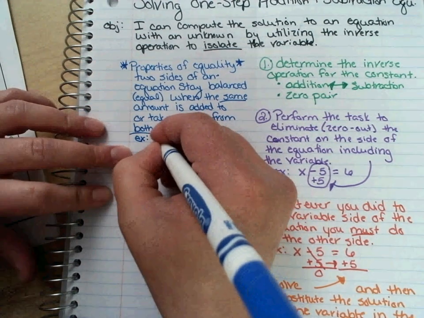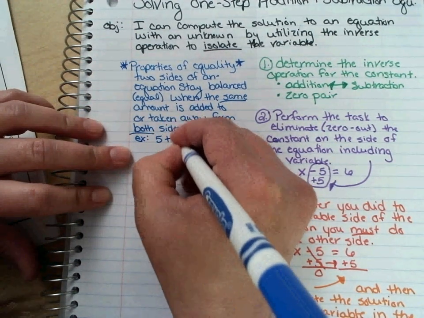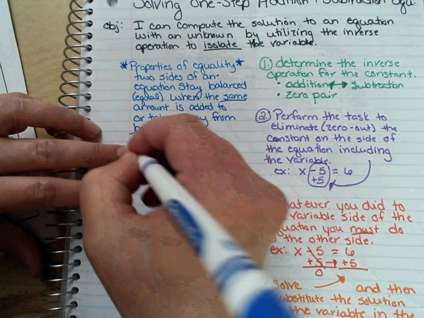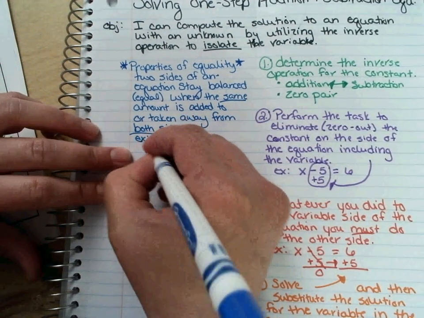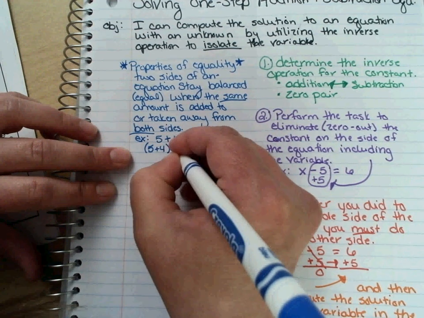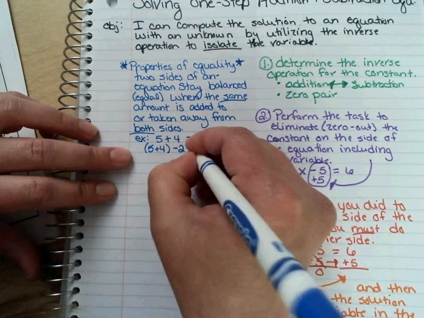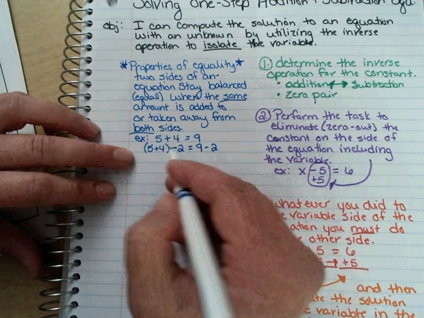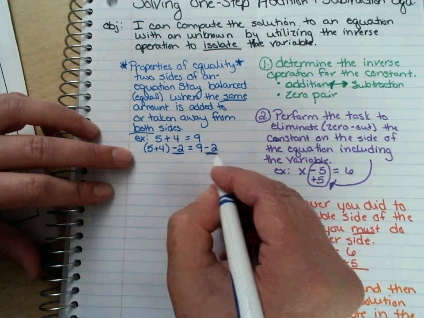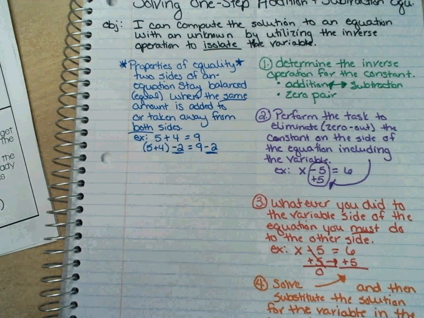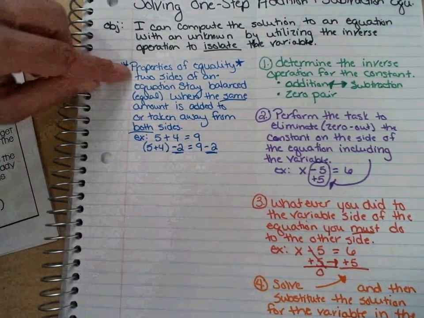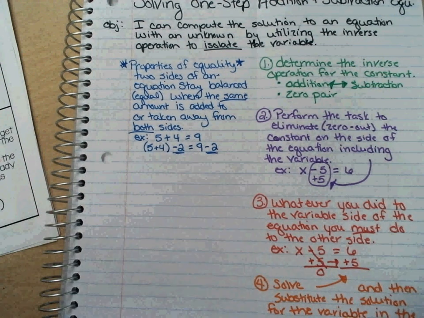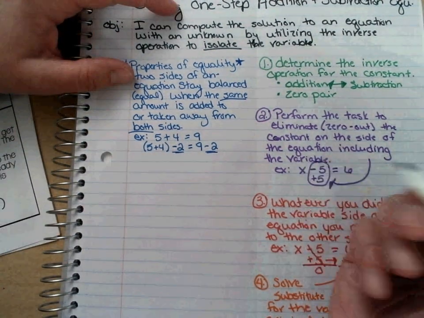So an example of this, if I have 5 plus 4 equals 9, if I had 5 plus 4 minus 2 equals 9 minus 2, they are balanced because I took the same amount away from each side of the equation. So they remain balanced. It's the property of equality. That's the subtraction property of equality because I'm taking away.